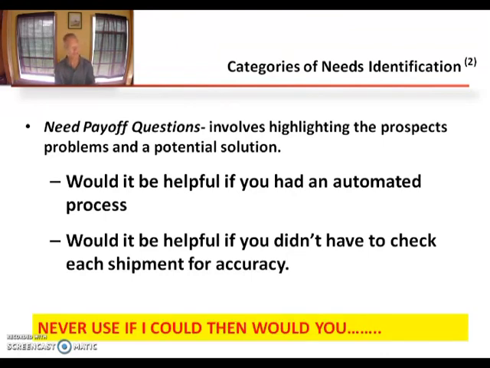Never use, if I could show you, then would you buy? That puts the prospect on edge. You're trying to pigeonhole the prospect, and that never works. What I always like to say is, would it be helpful? Because again, we are consultative salespeople, and what we're trying to do is to be helpful for the client.